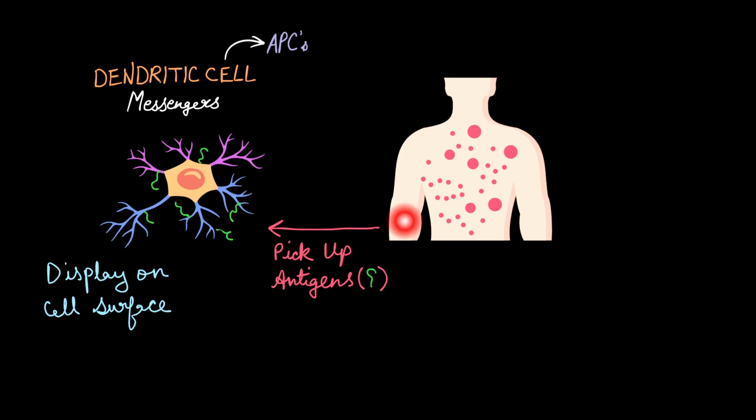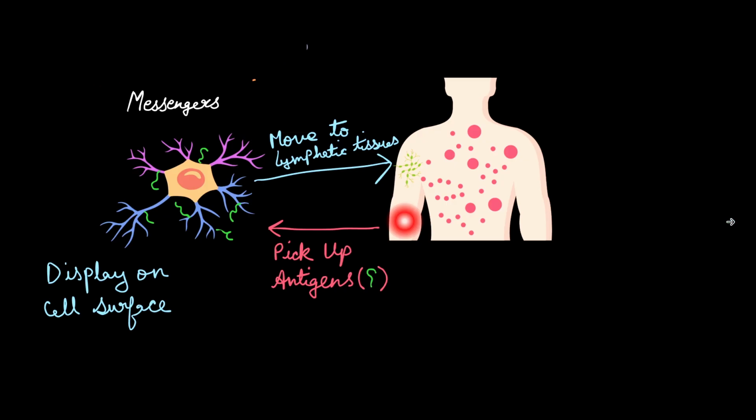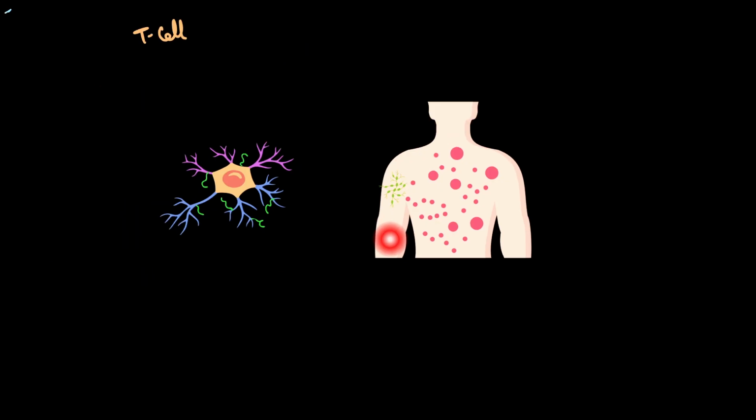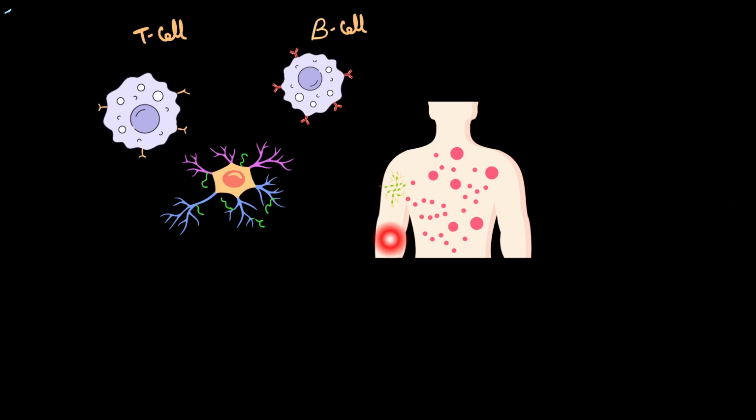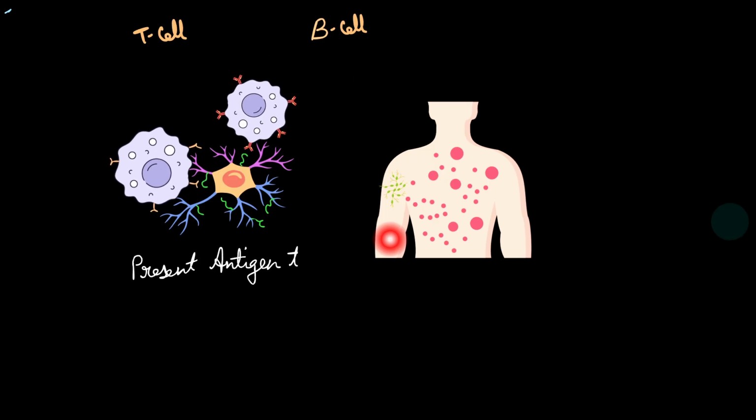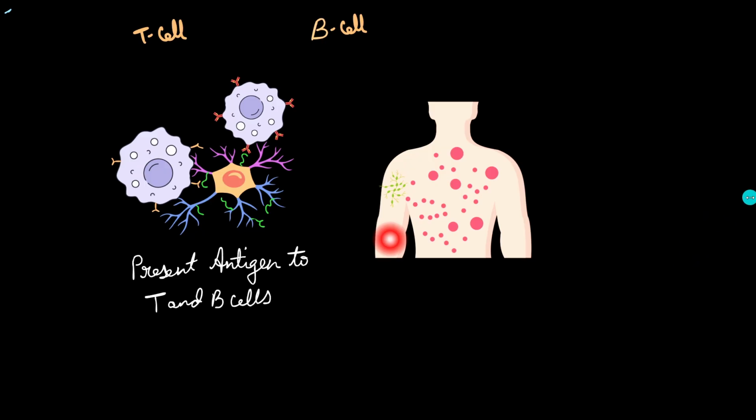Then, they travel through the lymphatic system to nearby lymph nodes. Once they are there, they present the antigen to T and B cells. Only those lymphocytes whose receptors perfectly match the presented antigen become activated, while all the others remain inactive.